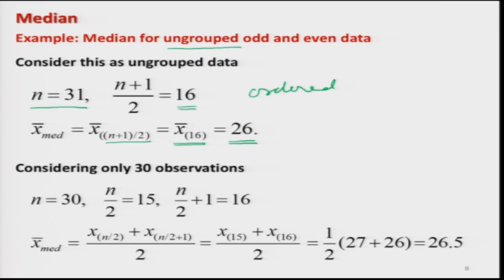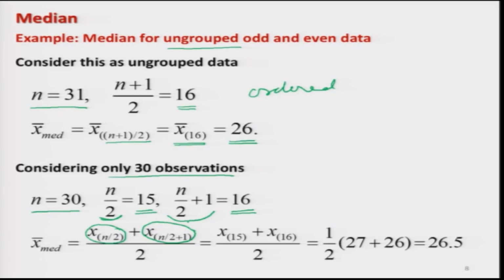Now, in case I convert the same data into an even number of observations, I can drop the last observation and consider only the 30 observations. The number of observations becomes 30, n by 2 is 15, and n by 2 plus 1 is 16. According to the definition, the median is the mean of the n by 2th ordered value and the n by 2 plus 1th ordered value.